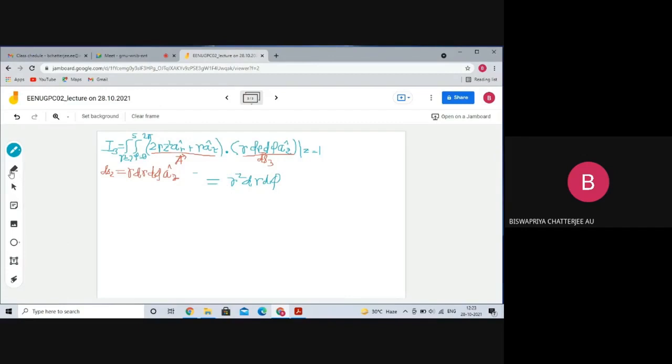If you put the integration limit, then r is equal to 2 to 5, phi is equal to 0 to 2 pi.